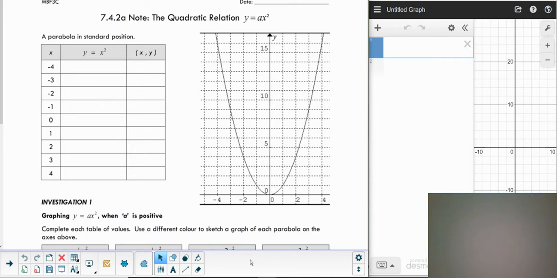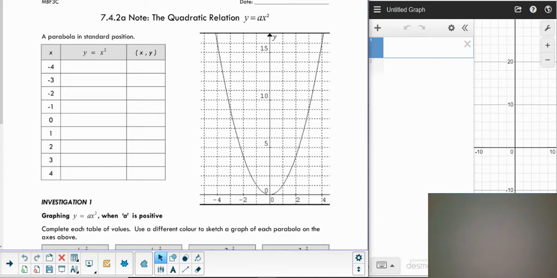We're going to continue our learning about the quadratic relations, and this will be in the form of y equals ax squared. If we recall from last lesson, all equations with an x squared or a squared exponent are quadratic relations.